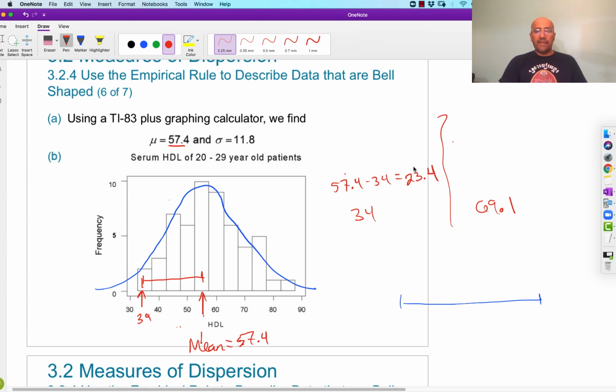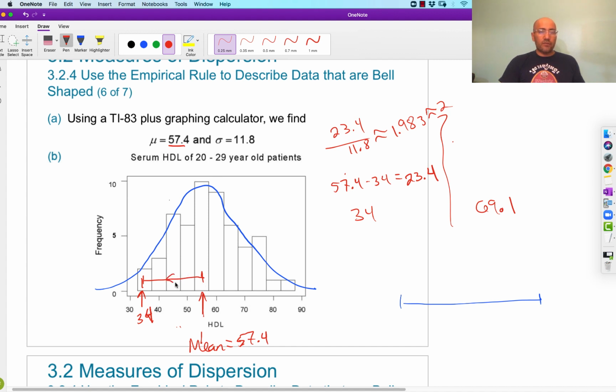And then if I take that number and divide it by the standard deviation of 11.8, I get really close to 2. 1.983, which is really close to 2. So another way to interpret that is that the 34 is almost 2 sigmas to the left.